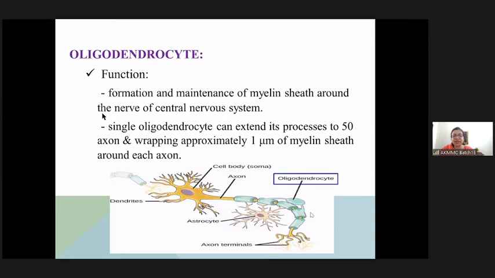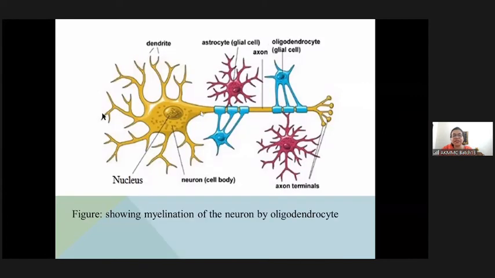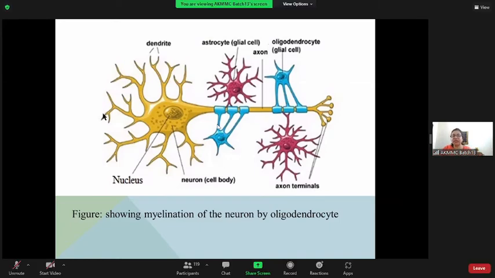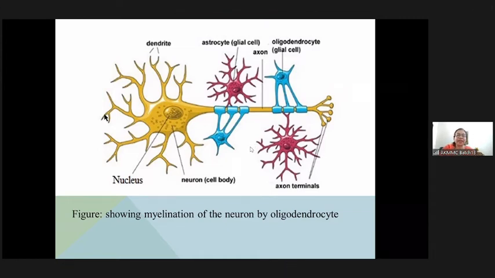It will give some processes like this and wrap the processes of the neuron and cover it. This is myelin sheath. One oligodendrocyte can cover up to 50 axons. It can extend so many processes, up to 50 axons they can cover. Understood what I said? How many? 50. That is why I am emphasizing this.